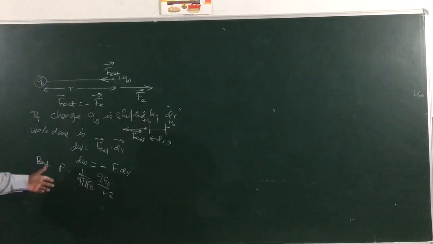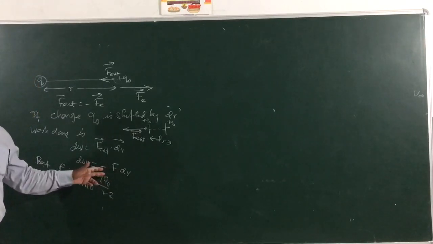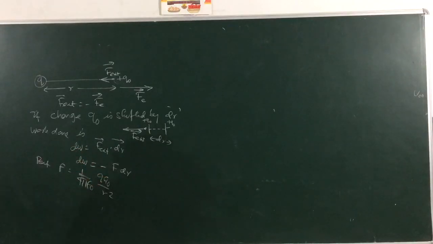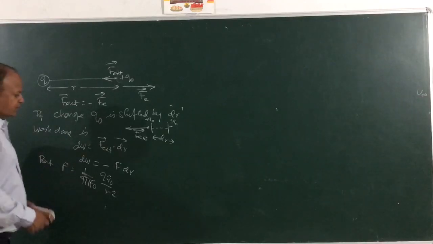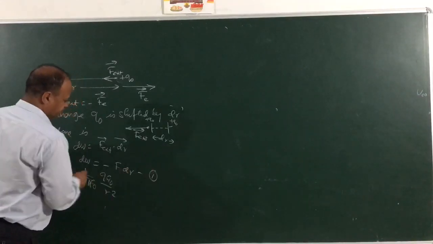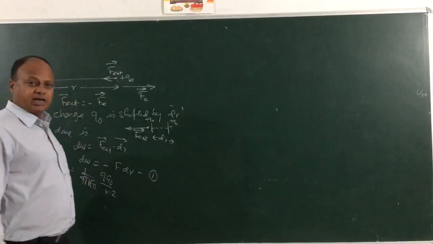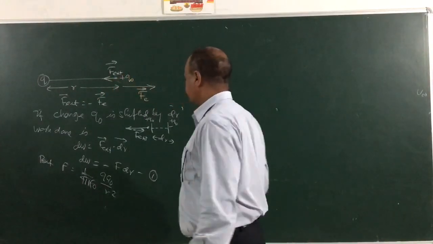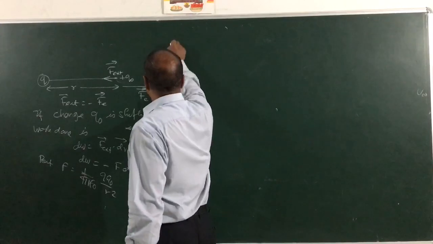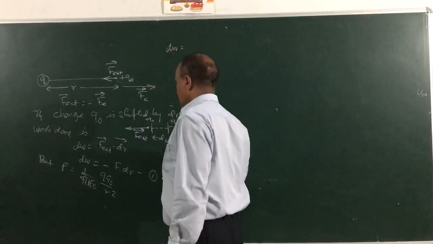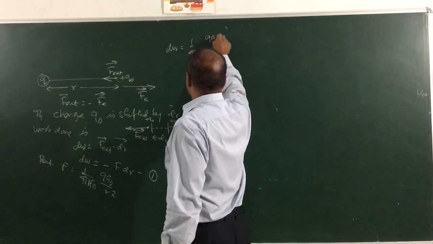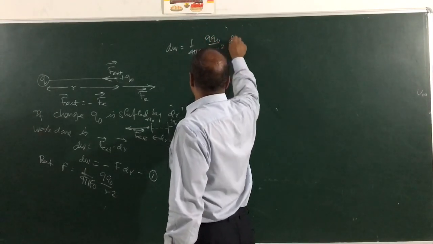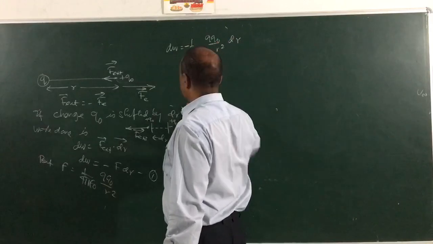This is the value of F. Now I put the value of F in equation 1, and the work done will be dW is equal to minus 1 by 4 pi epsilon naught Q Q naught by r square dr.